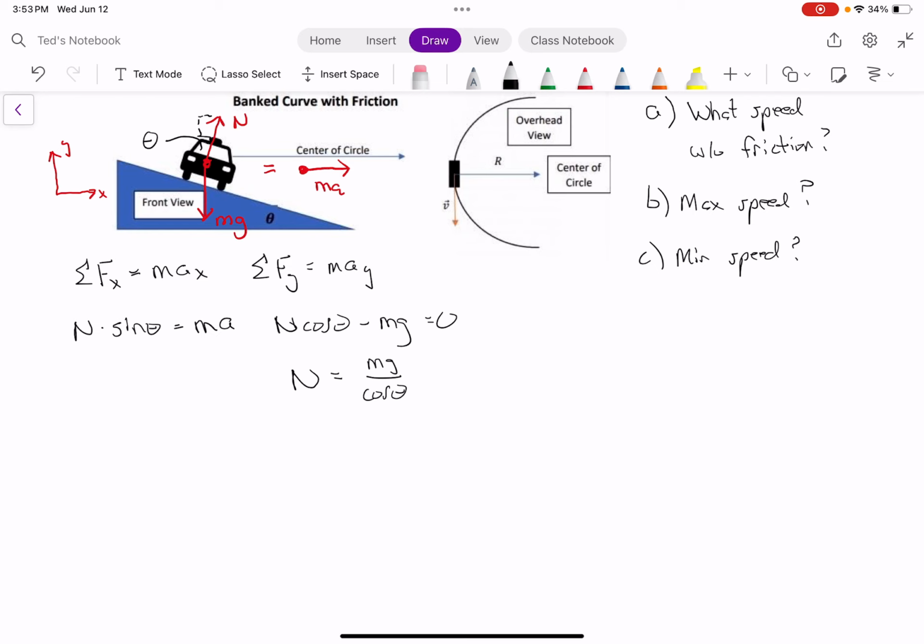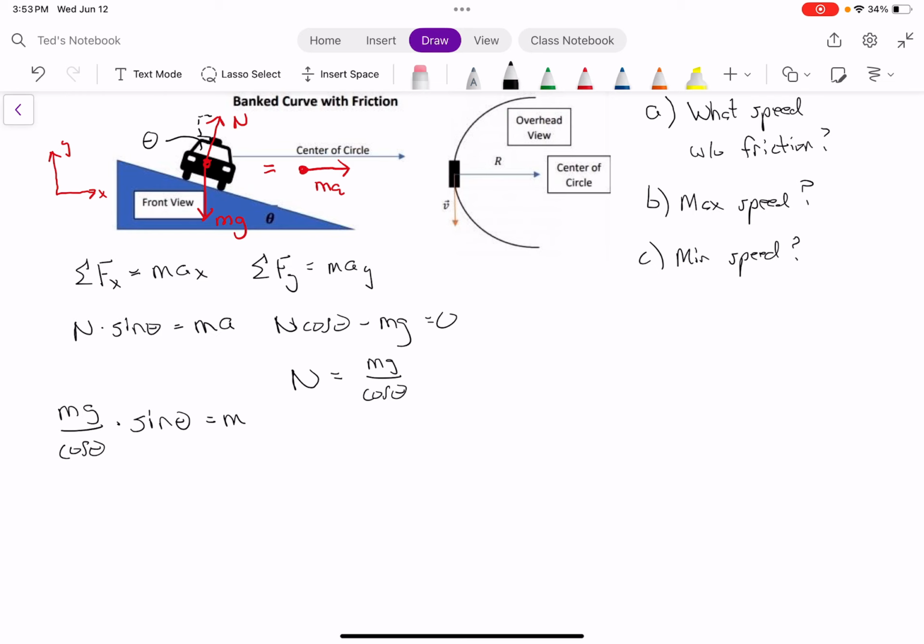What we do need is the x equation. I guess we do need the y equation, because now I need to plug in normal force is mg divided by cos theta times sine theta equals ma.